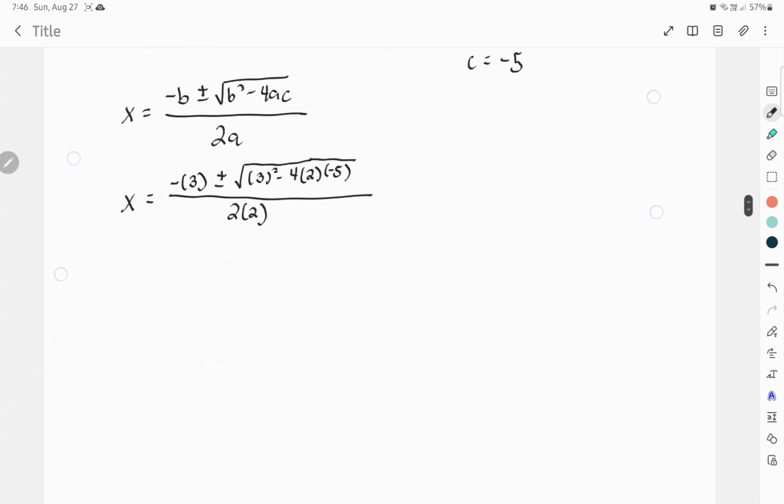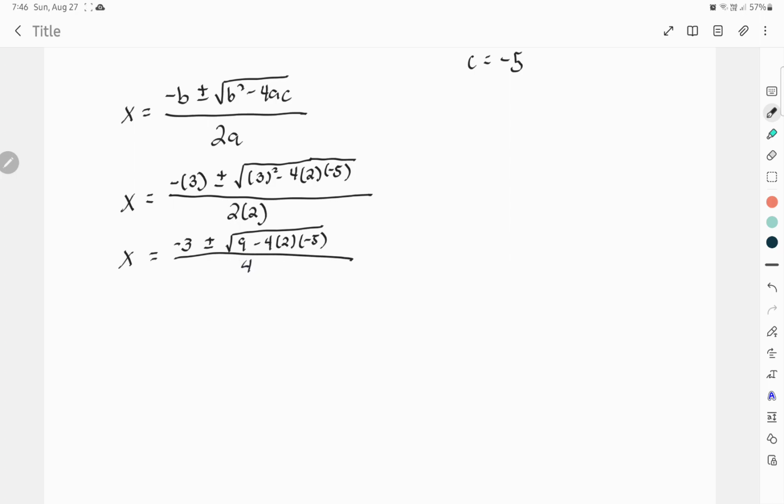So x would be equal to negative 3 plus or minus square root of 9 minus 4 times 2 times negative 5, all over 2 times 2, which is 4.